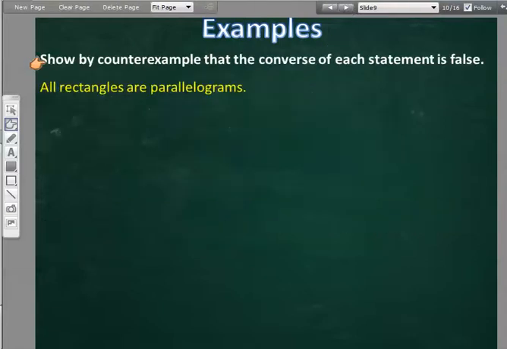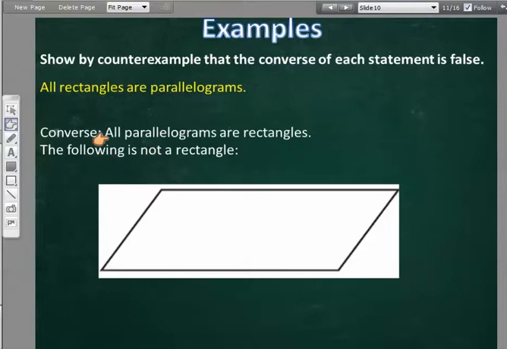Okay, show by counterexample that the converse of each statement is false. All rectangles are parallelograms. So let's see what they're going to do here. Here's the converse. Remember, your converse means you're going to flip your hypothesis and your conclusion. So you're saying if a figure is a rectangle, then it is a parallelogram.